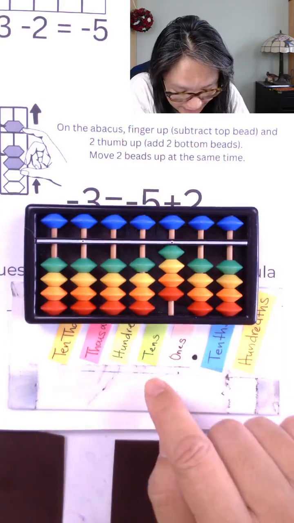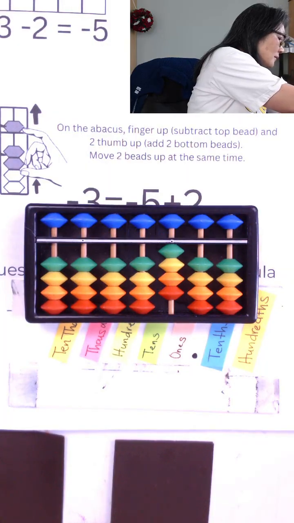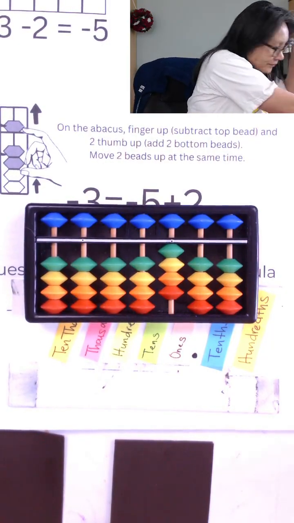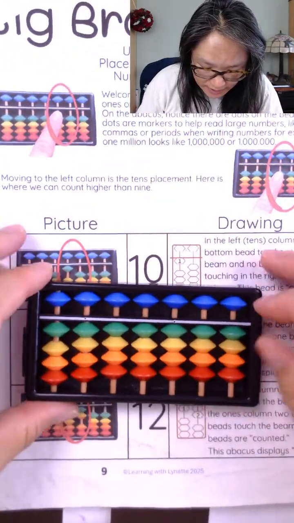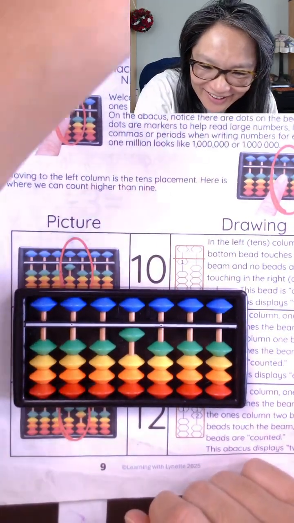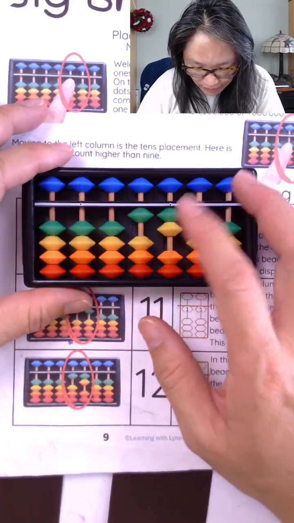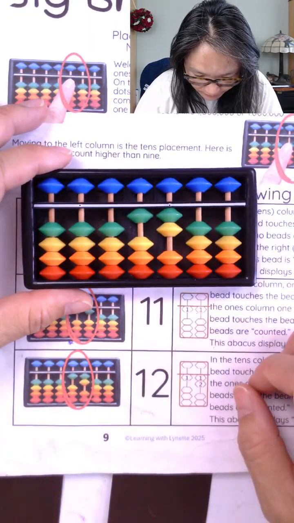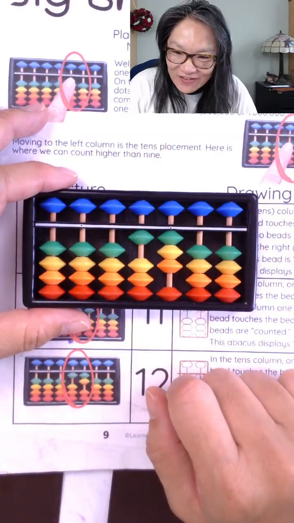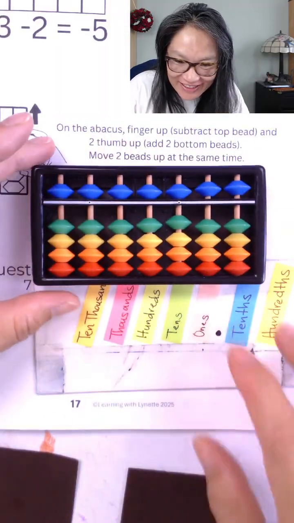If you look at it, 10 is a 1 and a 0. 10 is a 1 and a 0. 11 is 1 and 1. 12, 1, 2. 13, 1, 3. It's funny. It's so simple, but it's funny. People get tripped up on it.